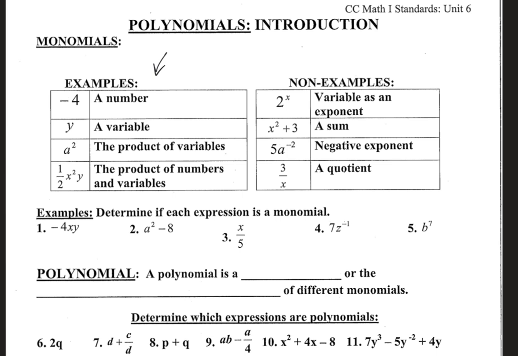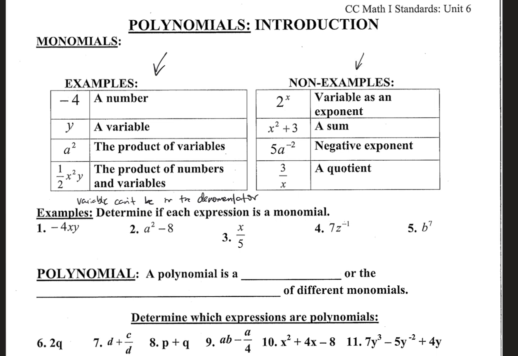Remember, on this one, the variable cannot be in the denominator. That may or may not be how you spell that word, but I stand by it. So the variable can't be in the denominator. We'll get to equations like that later in the semester, but for right now, monomial, no variables in the denominators.